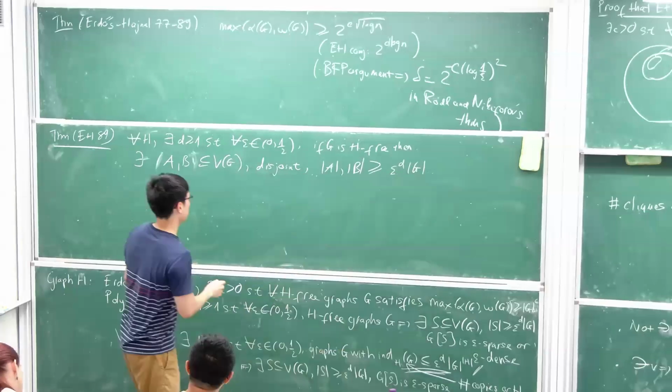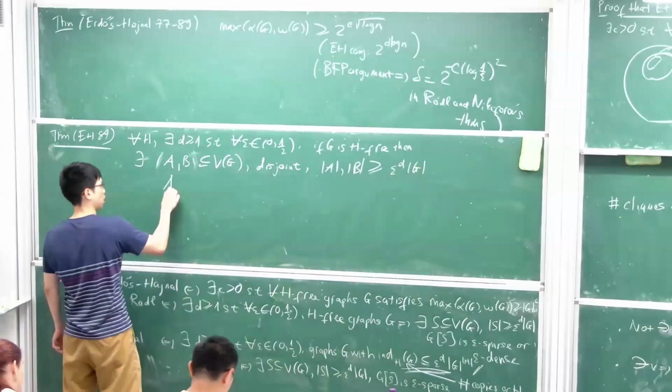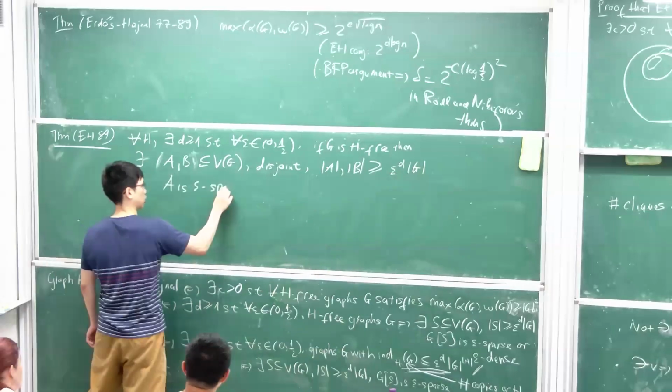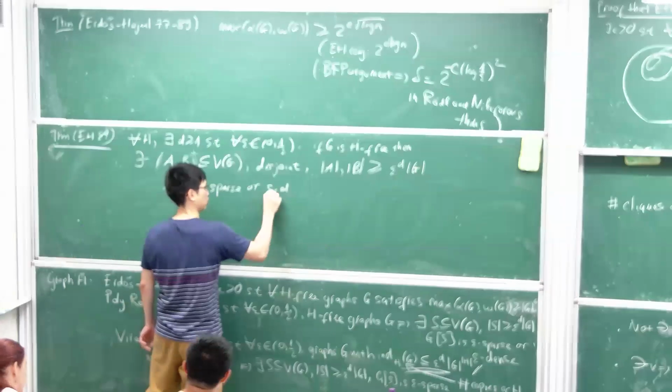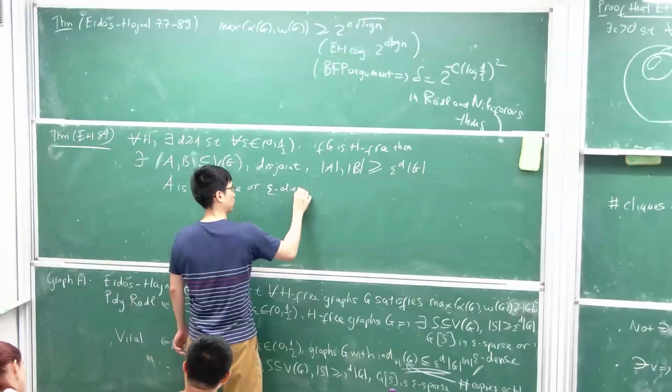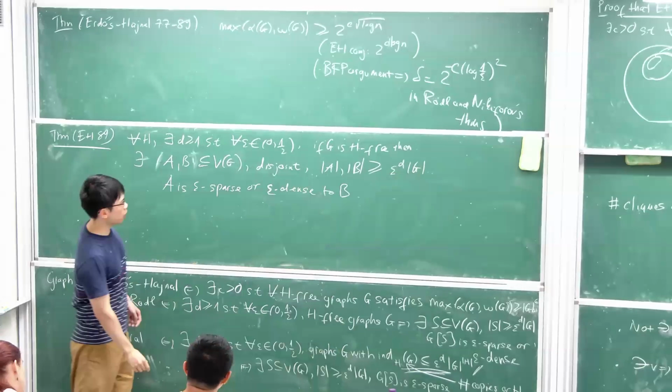And also, here's the quality condition: A is epsilon sparse or epsilon dense to B. So here, what do I mean by epsilon sparse or epsilon dense to B?